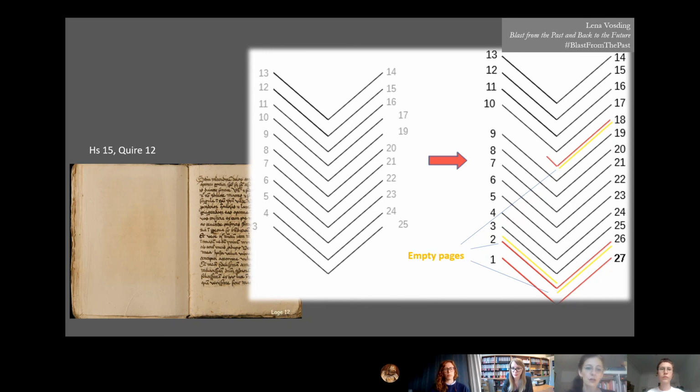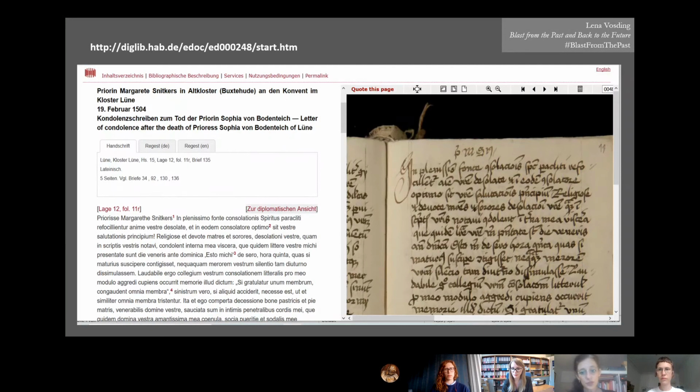Of course, this knowledge is highly important for our team. In our edition, we represent the transcribed text side by side with the digital reproduction, which can be opened both in a reading or a diplomatic version. The digital edition includes links to background information or references to other parts of the manuscript.